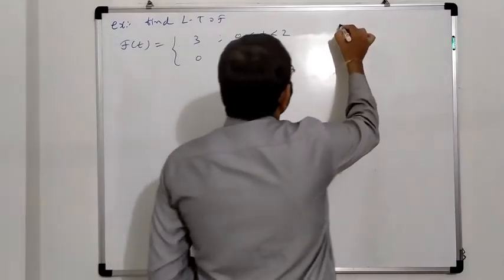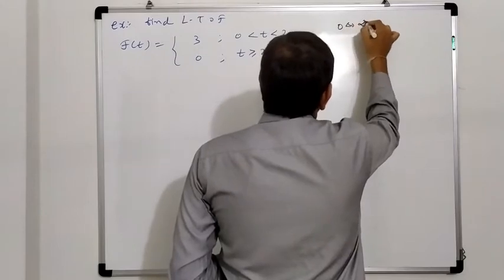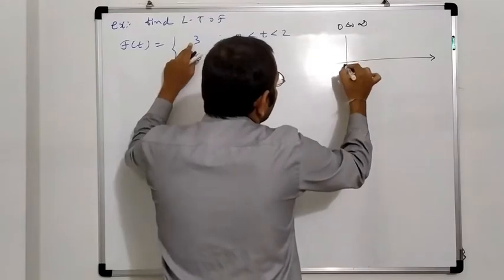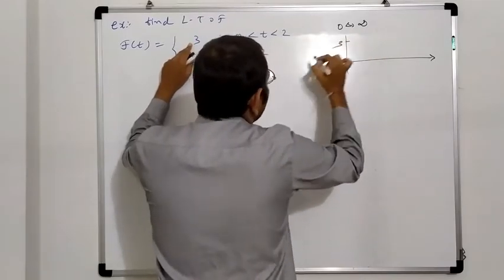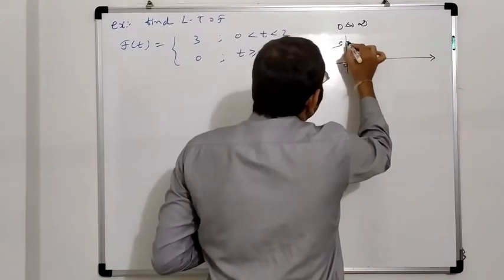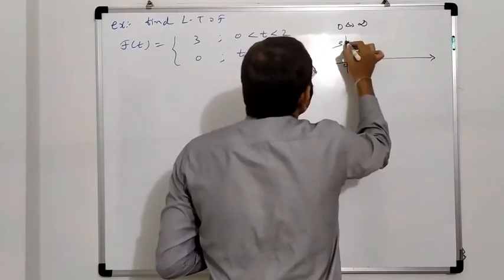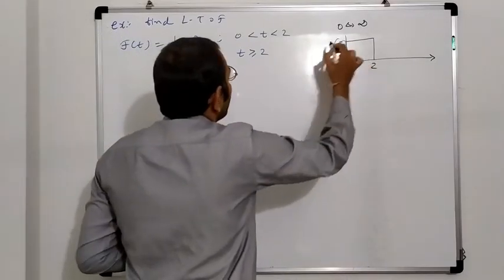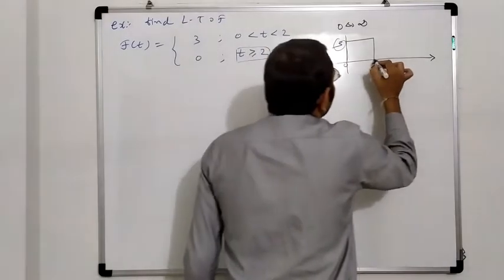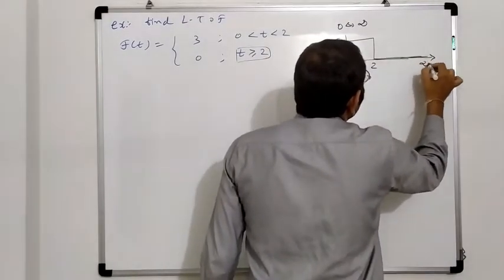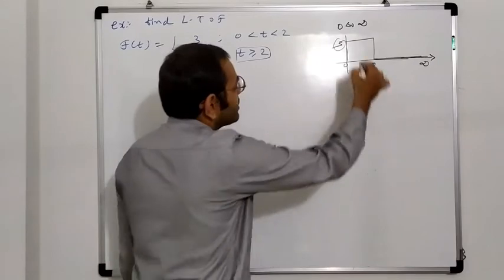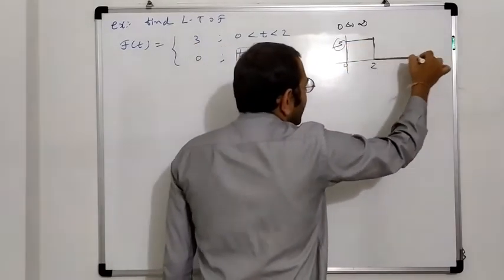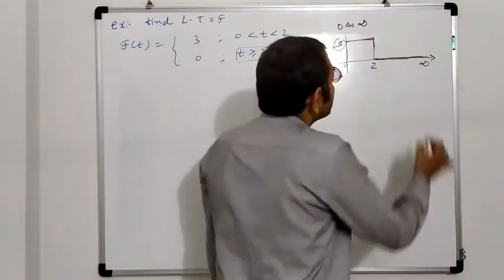Our Laplace transform range is 0 to infinity. According to this shape, the function amplitude is 3 in the range 0 to 2, and for t greater than or equal to 2, up to infinity, the function has a 0 value.